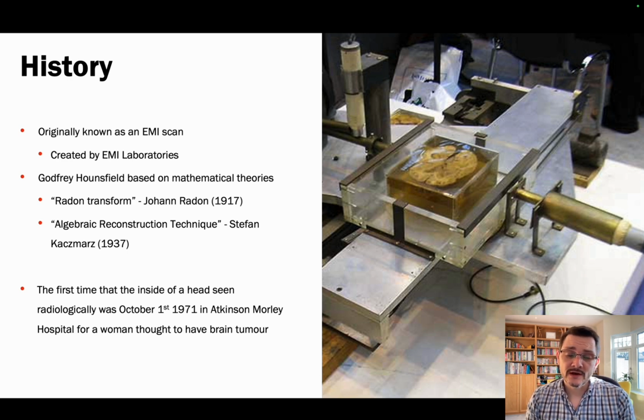There were other prominent physicists working in the field across the globe, but Godfrey Hounsfield is the one most commonly associated with the creation of the CT scan. He used some mathematical theories from Johann Radon and Stefan Katzmarz to develop this technology, and it's now widely used worldwide for diagnostics.